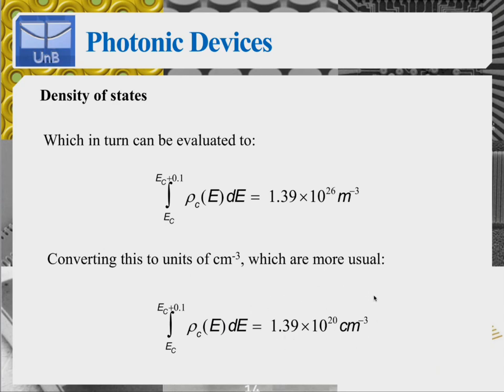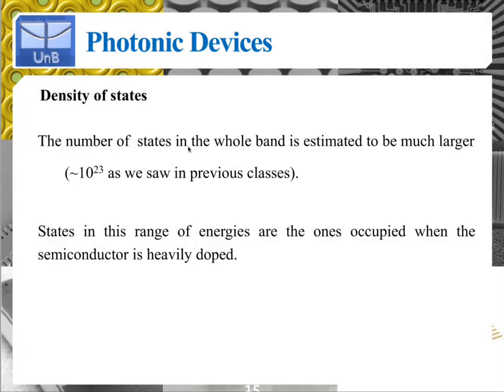This is a very large number of states, on the order of 10 to the 20th. But as we said, the number of states in the whole band is estimated to be much larger. We mentioned 10 to the 23 as we have seen. So, 3 orders of magnitude more states in the entire band than you have in the initial 0.1 eV close to the band edge.